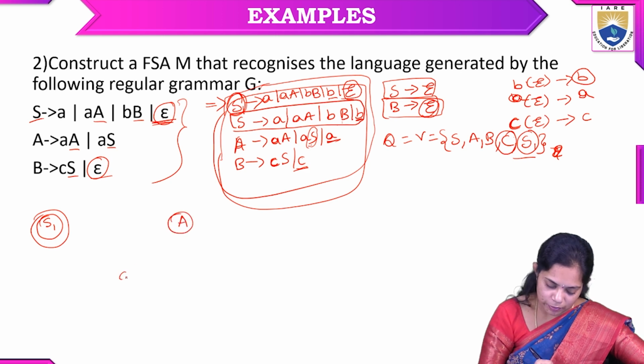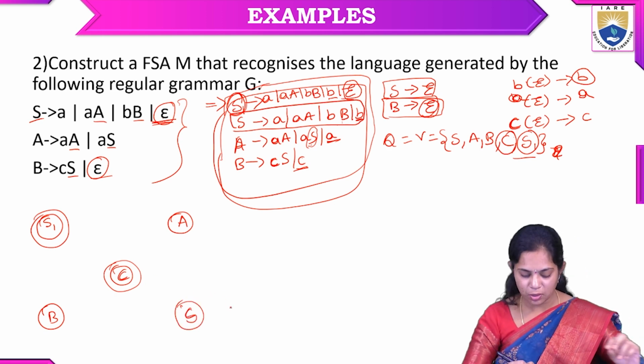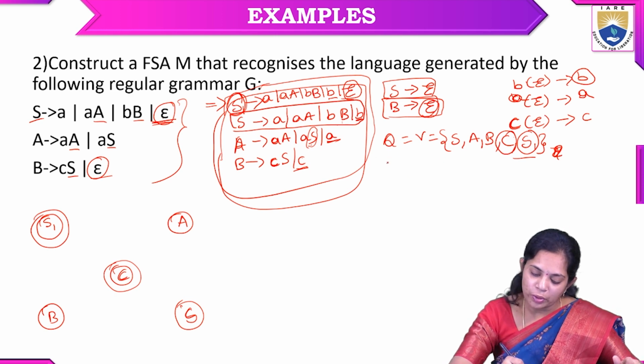Let me write, we will write capital C in the middle, and we will write B and C. Sorry, S. So S is also a state, and we already have the Q, that is V, which contains the non-terminal states.